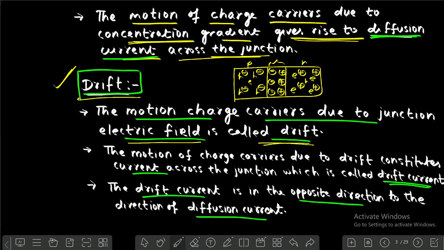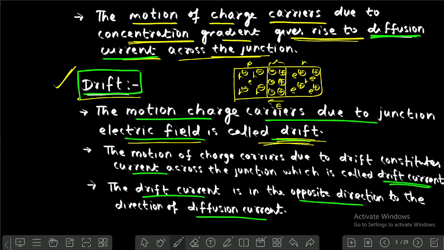Because of that, one electric field is coming here. Due to that electric field, the minority charge carriers will try to move. So the motion of charge carriers due to junction electric field is called drift, and whatever current comes due to this is drift current.